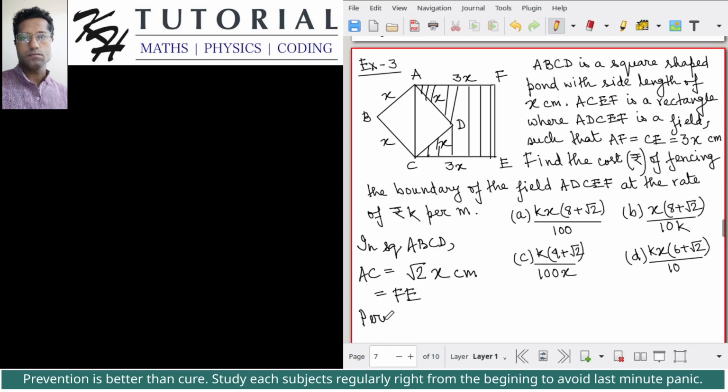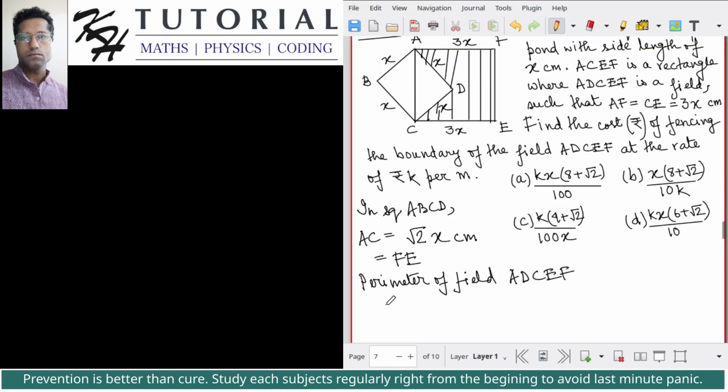Perimeter of field ADCEF. The perimeter of the field ADCEF will be equal to AD plus DC plus CE plus FE plus AF.